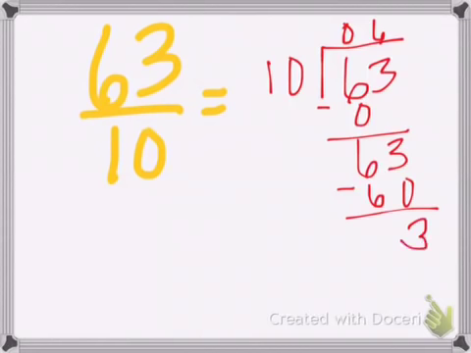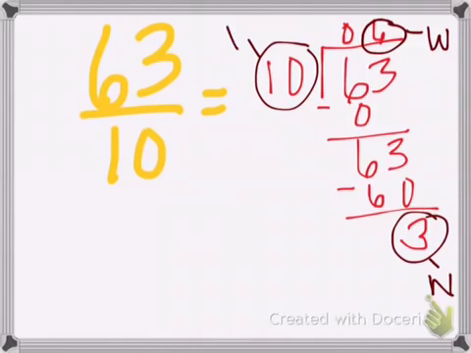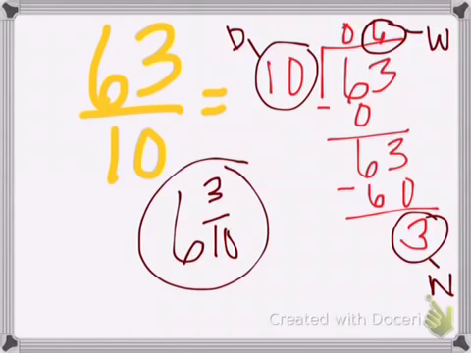Remember, this time we're going to use that remainder. That 6 becomes my whole. That 3 becomes my numerator. And then that 10 becomes my denominator. So my answer will be 6 and 3/10. And since they do not share any common factors, that is in simplest form.